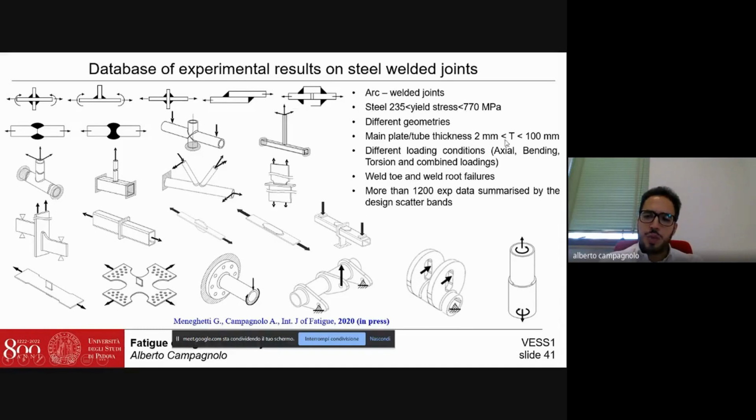Different geometries with thickness in the range between 2 and 100 millimeters. Different loading conditions: axial, bending, torsion, but also multi-axial loading conditions, such as in this case, bending and torsion, also in this case, bending and torsion, and in this case, axial and torsion loading, both in phase and out of phase. We have included weld toe and root failures and analyzed about 1,000 experimental results.